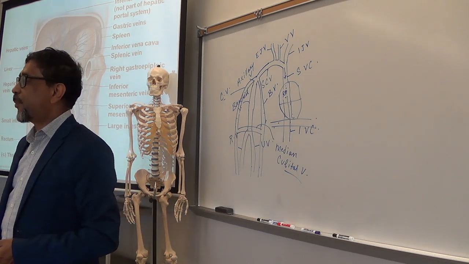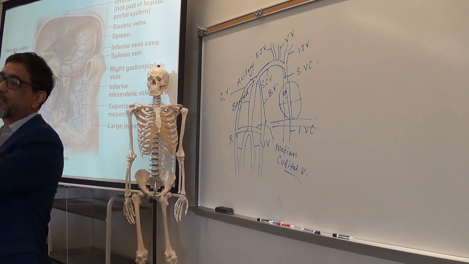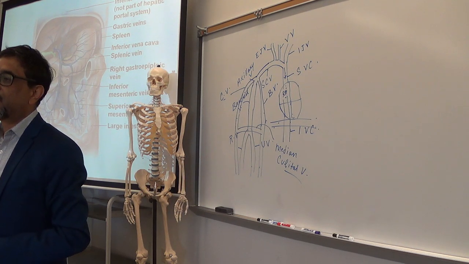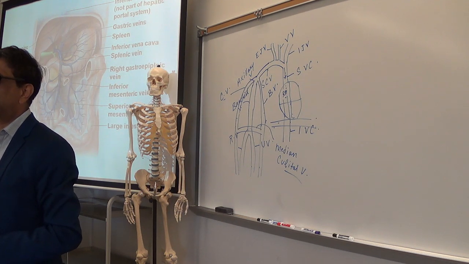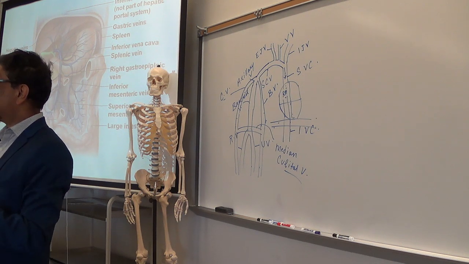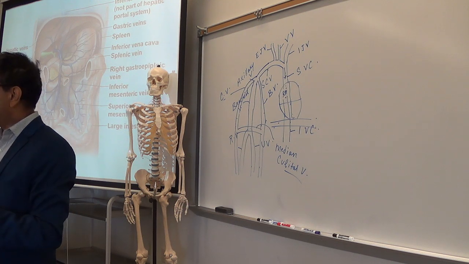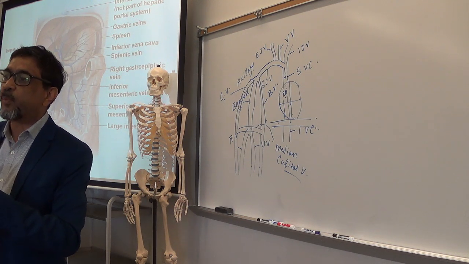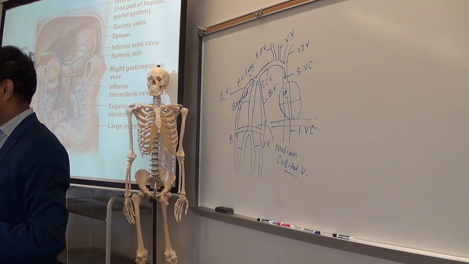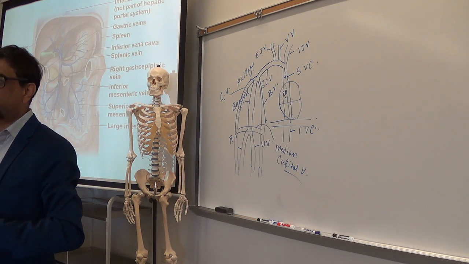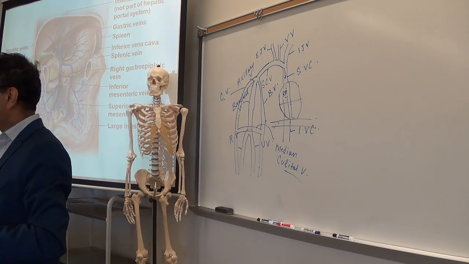Why does the hepatic portal vein take the blood to the liver? Nutrient-rich blood goes first to the liver, because you must know the liver is the organ where the nutrients are processed first. Most of the nutrients are first processed where? In the liver.